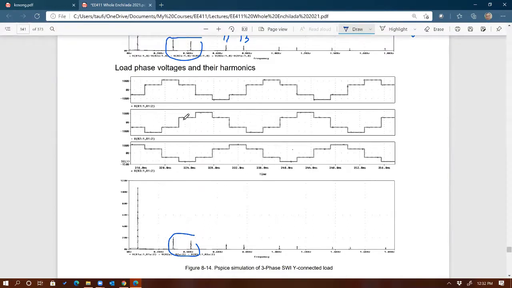For phase voltages, the shape is more sine wave-like, therefore the harmonic level should be less than the line voltages.